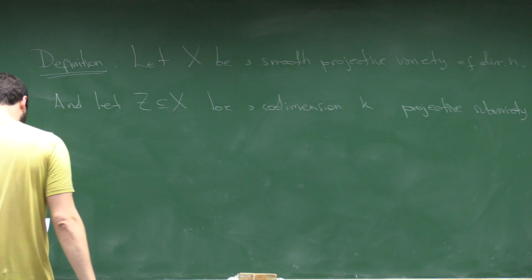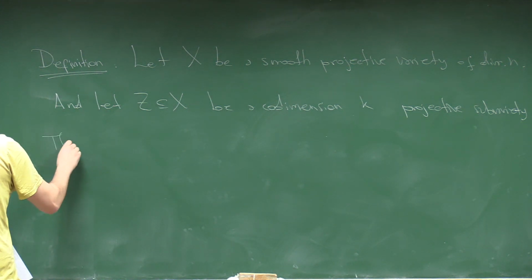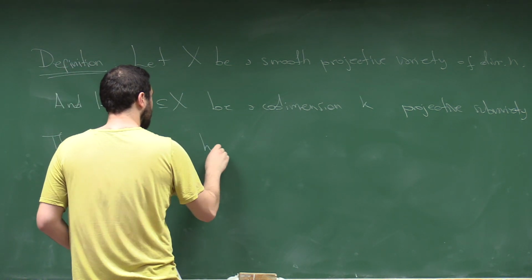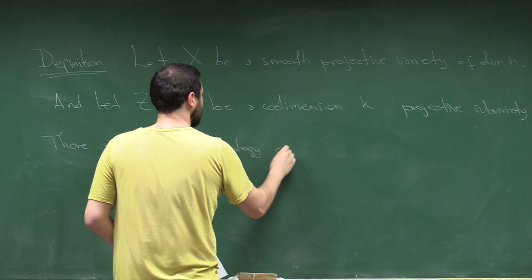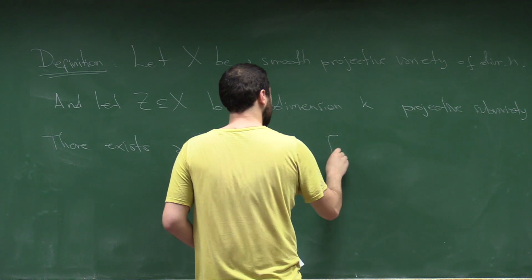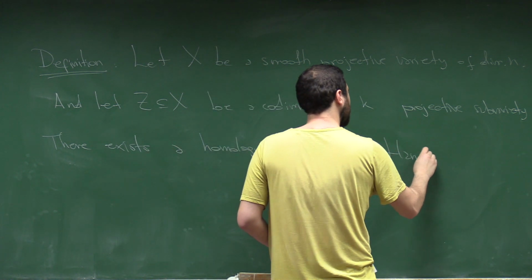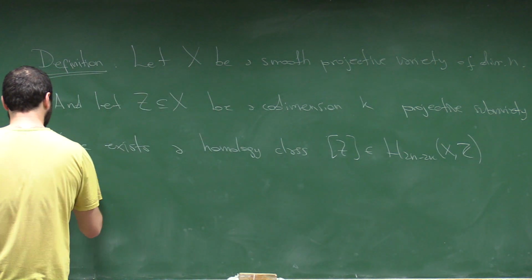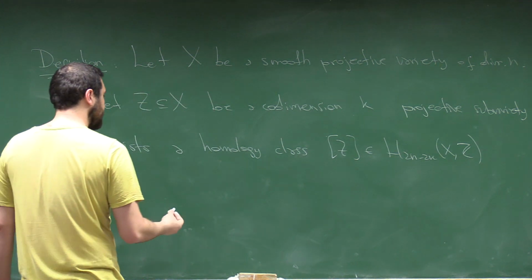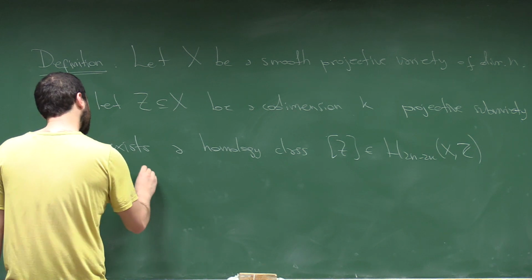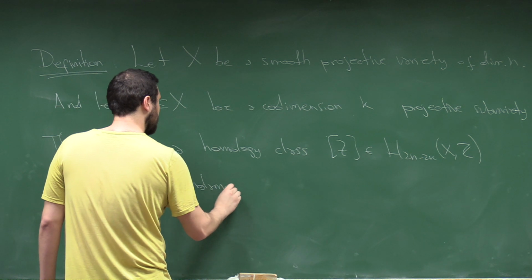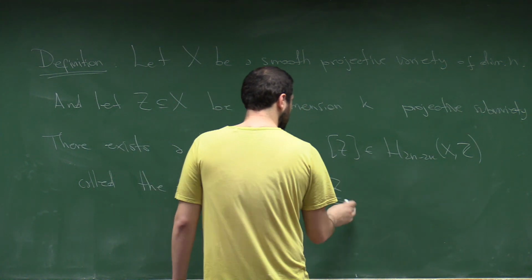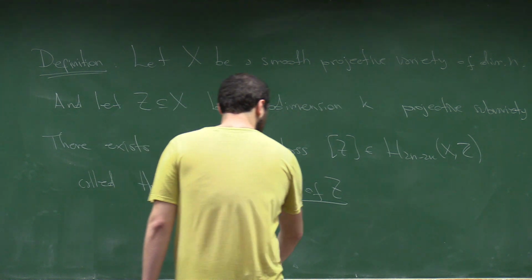Then there exists a homology class [Z] inside H_{2n-2k}(X) with integer coefficients, called the fundamental class of Z, and it is given by the following relation.